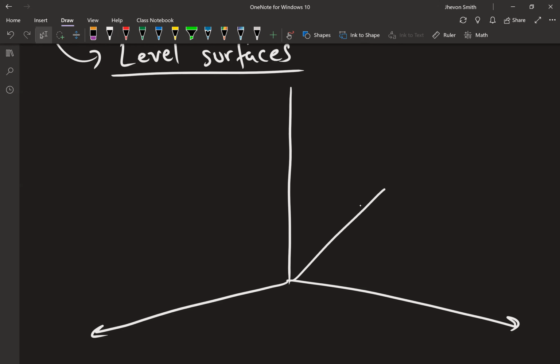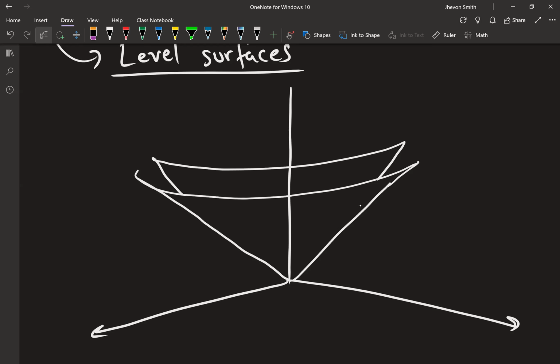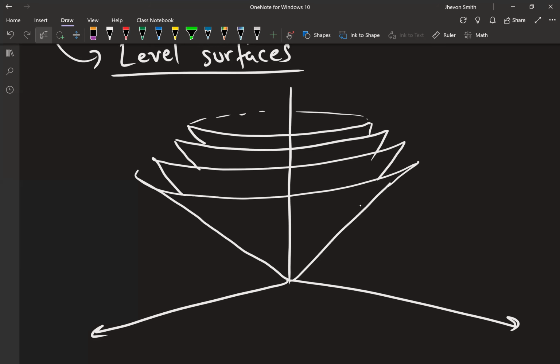You'll have cones inside of cones, inside of cones, going up forever.